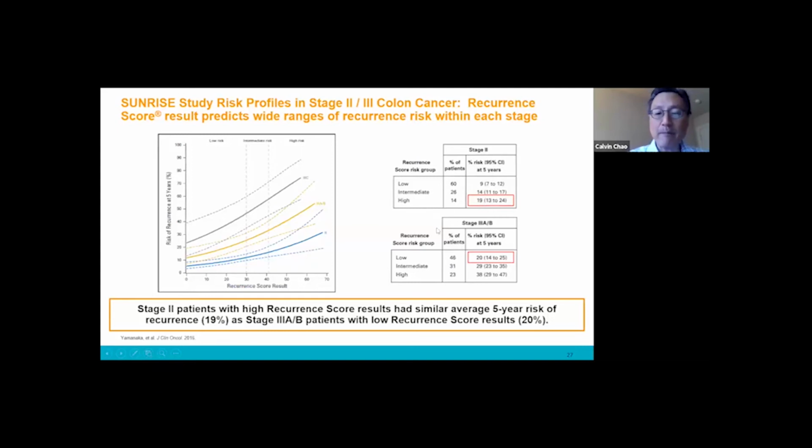That 19% is very comparable to the stage 3 low recurrence score group, which has only a 20% risk of recurrence with surgery alone, no chemo. And so again, we would argue that the low risk stage 3 by recurrence score has comparable risk to the high risk stage 2 by recurrence score. And therefore, why would we not want to treat them similarly with the same chemo regimen?